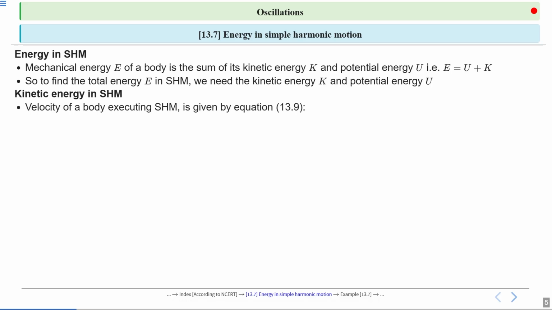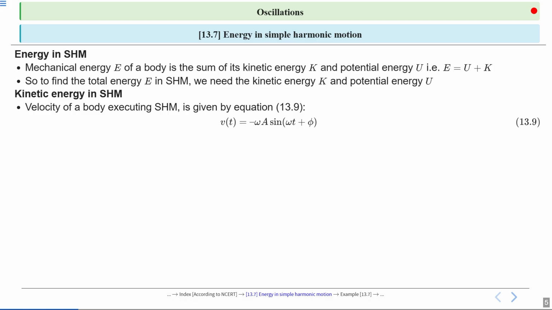So let's start with kinetic energy in simple harmonic motion. The velocity of a body moving in SHM is given by the equation 13.9. This equation tells us how the speed changes as the object moves back and forth.